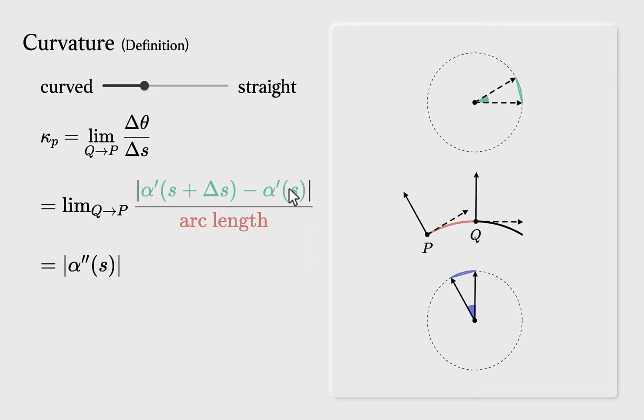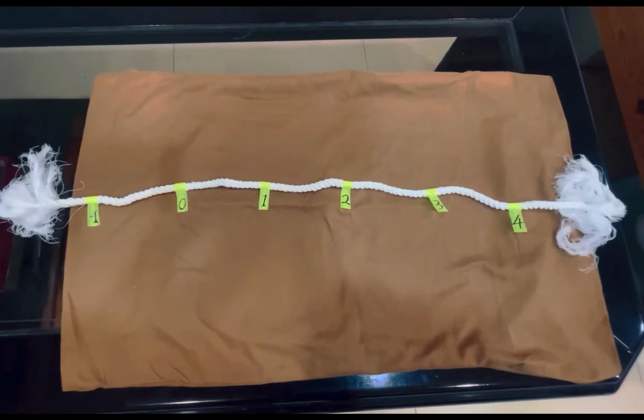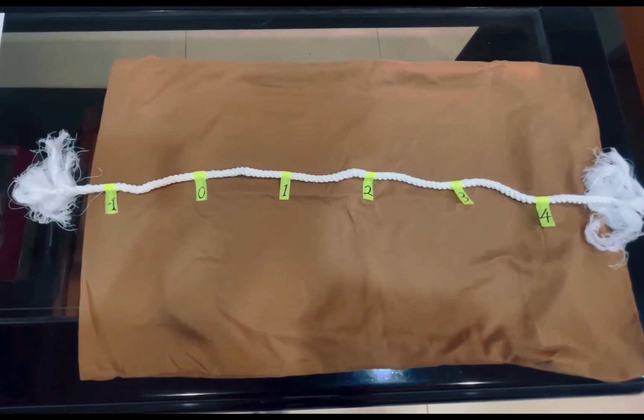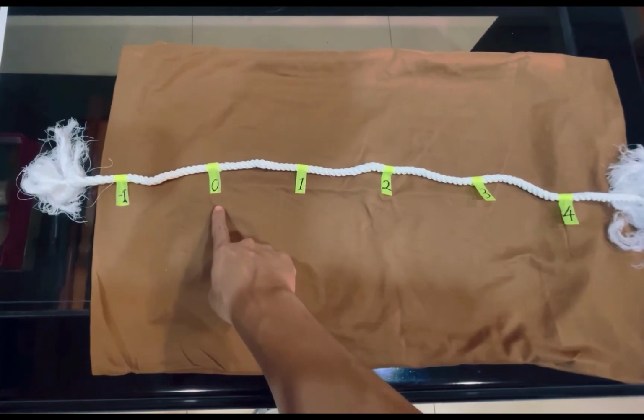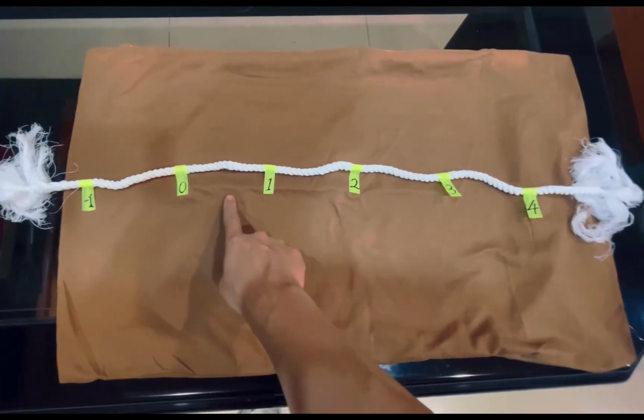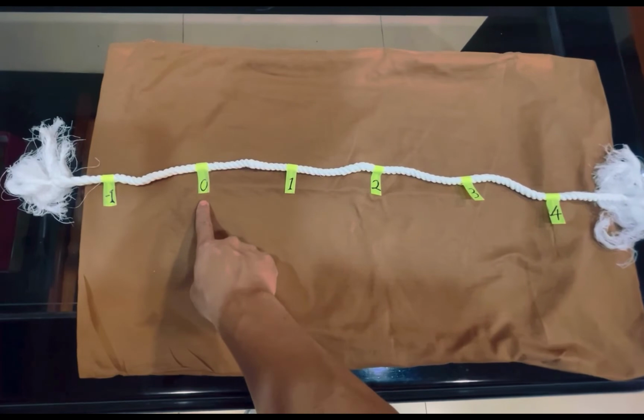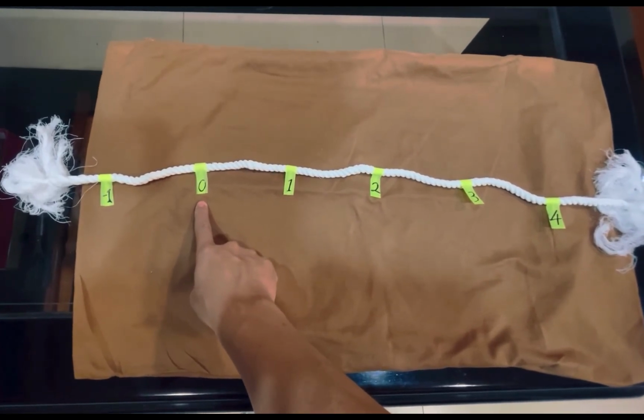So, what kind of curve alpha t will have unit length tangent vector? Here is an example. You can choose any point on the curve to be alpha 0, but the distance between alpha 0 and alpha 1 should be equal to 1.